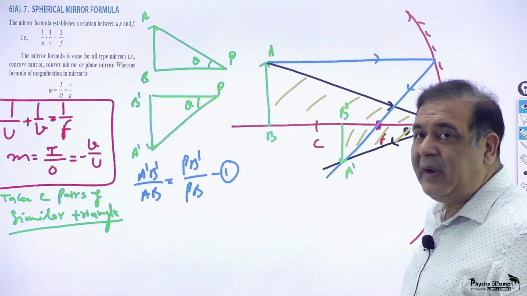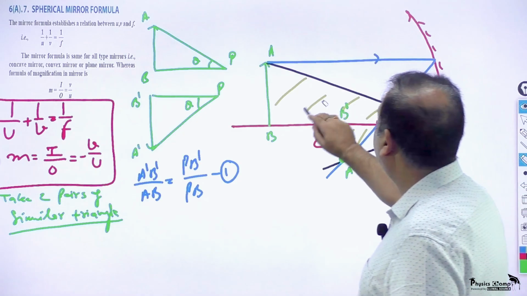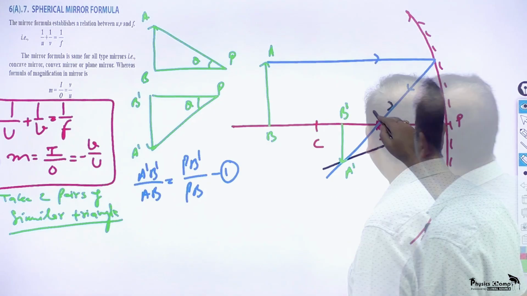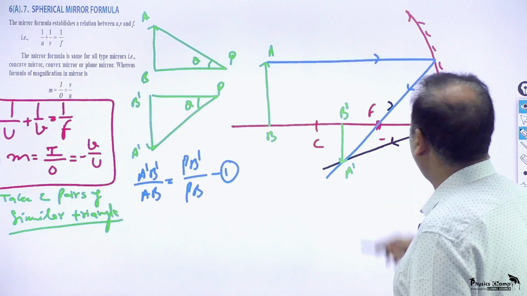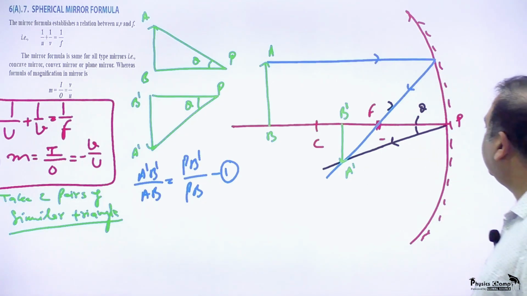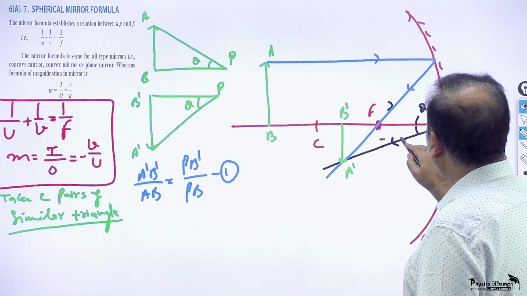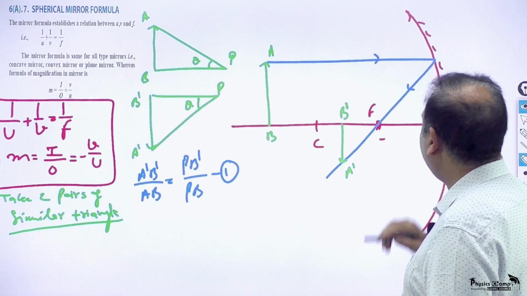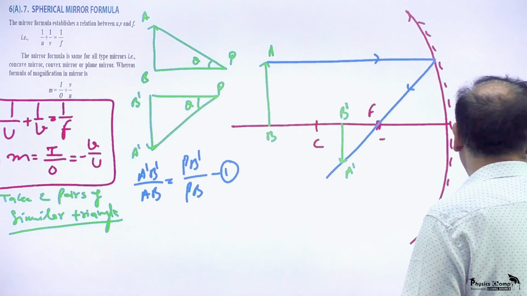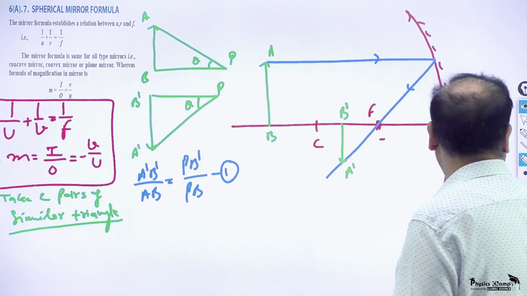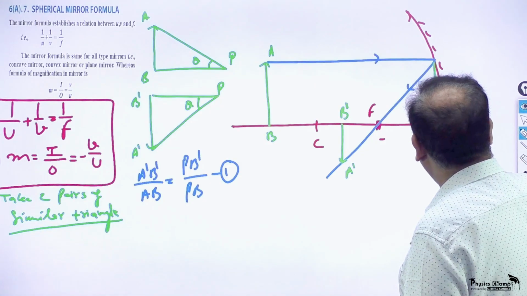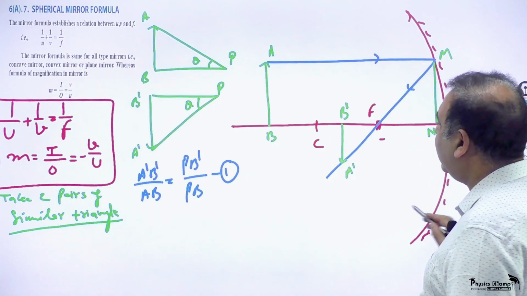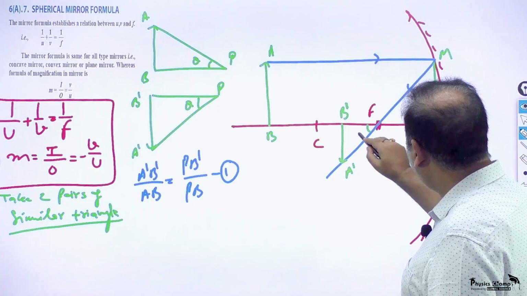Now let's take another pair of similar triangle. Let's try to look at another pair of similar triangle. This is F. For a moment I am just removing this ray that helped you earlier. So in this another pair of similar triangle, can you see? And I am drawing a line from here which is MN. So can you have a look at another pair of similar triangle? This is phi, then this is also phi.